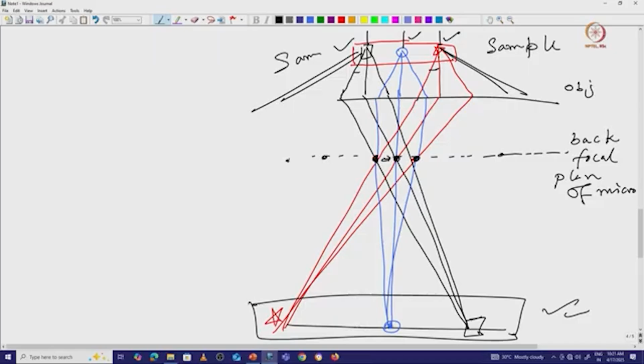So, you can see the spots go far away when the scattering angle is very large, and then we are recording those as a diffraction pattern. And in this diffraction pattern, what are we recording? We are recording information from all the parts here.